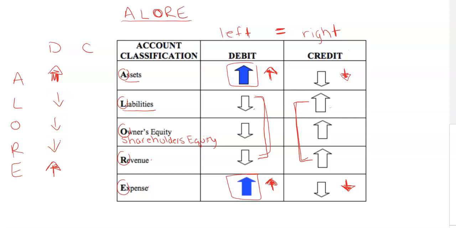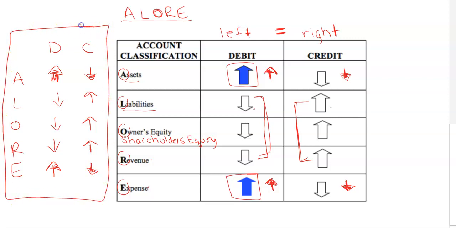And then all I have to do is do the opposite. So the credit one goes down on an asset, and then they go up on liabilities, owner's equity, and revenue, and then it goes down on the expense. So that's just a quick way to memorize which way our debits and credits are going. And so now, once we understand this, we are ready to journalize.